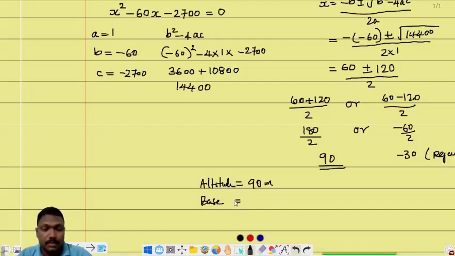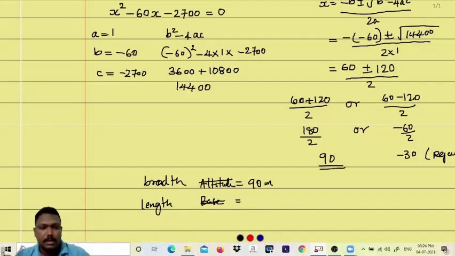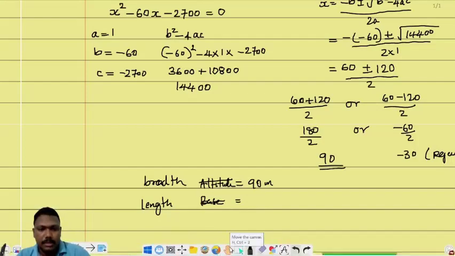Sides of the rectangle. Okay, so length and breadth. Sorry, breadth is equal to, not altitude, we can write here, breadth is equal to what? Breadth is equal to 90 meter, and the length is equal to, what is length? Length is equal to 60 meters more than, what is it?